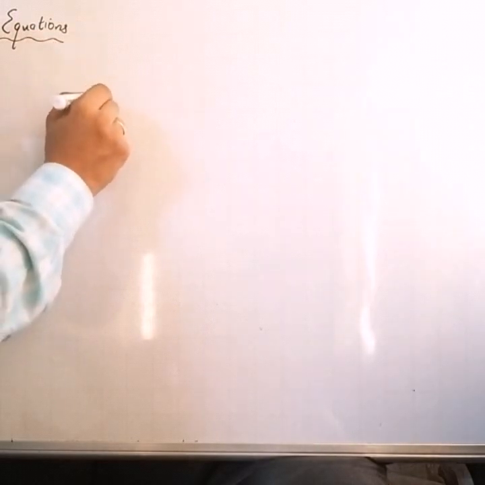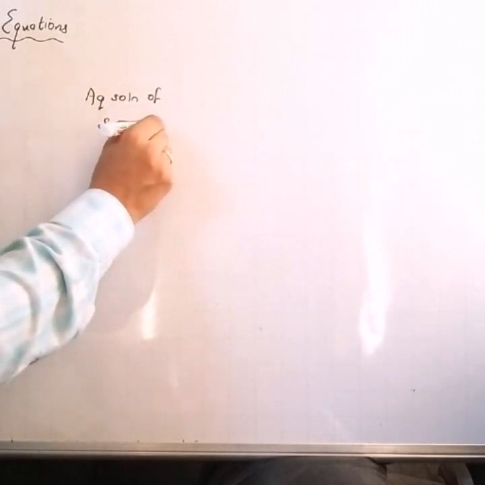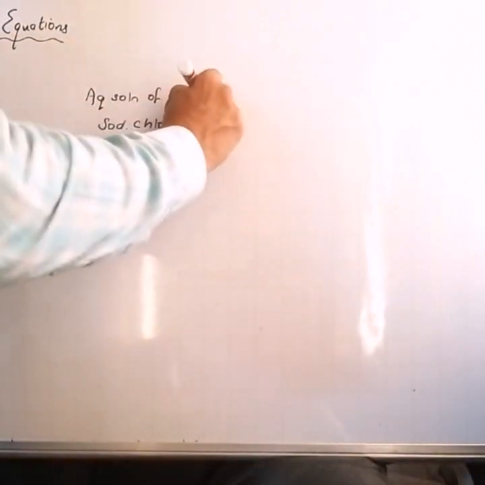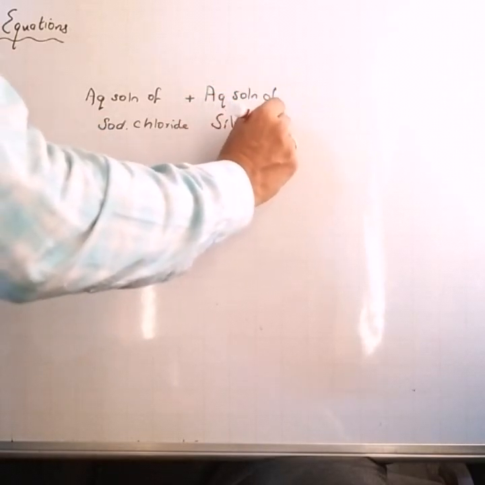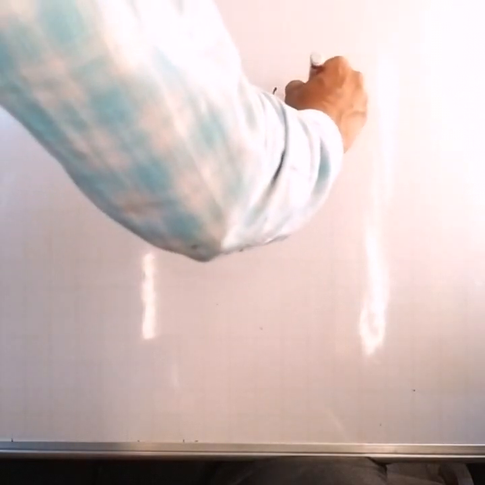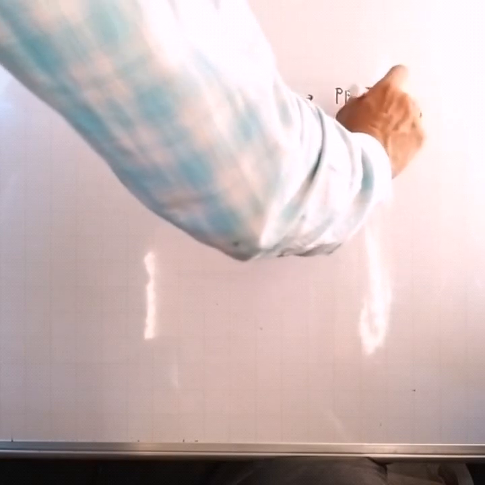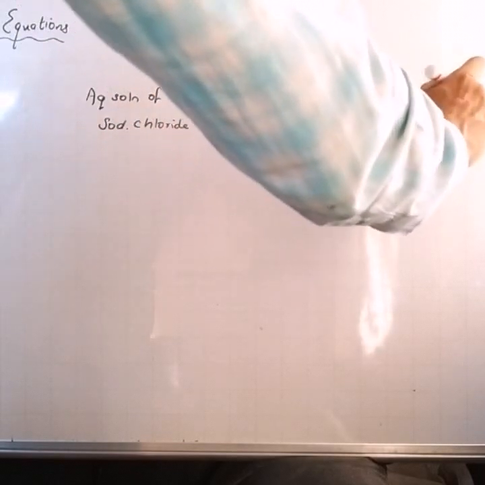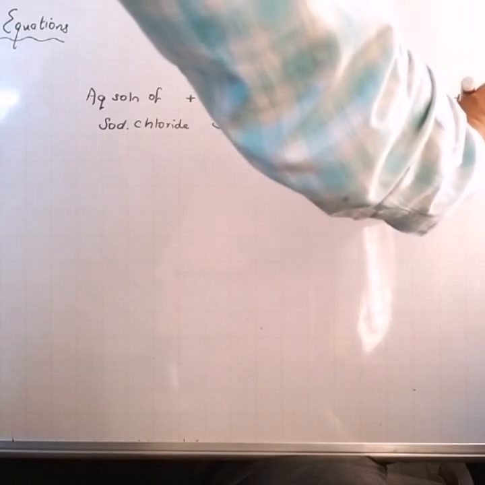So I will write: aqueous solution of sodium chloride reacts with aqueous solution of silver nitrate to give a precipitate of silver chloride along with sodium nitrate solution.